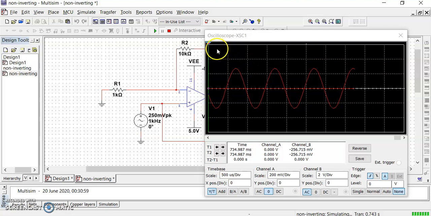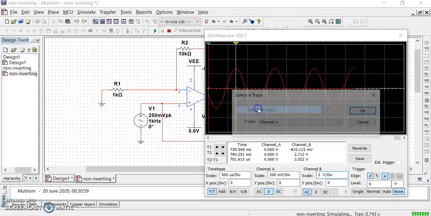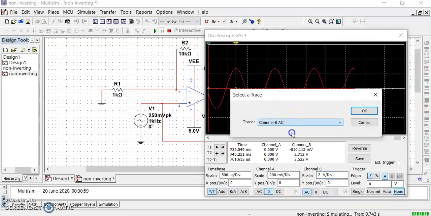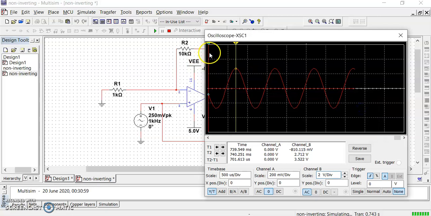The input is constant, but the output value may change. I am measuring channel 2 because it is connected to the output. What is our output value? It is 5.4 volts. For the 10 kilo ohm feedback resistance, our output voltage is 5.4 volts.